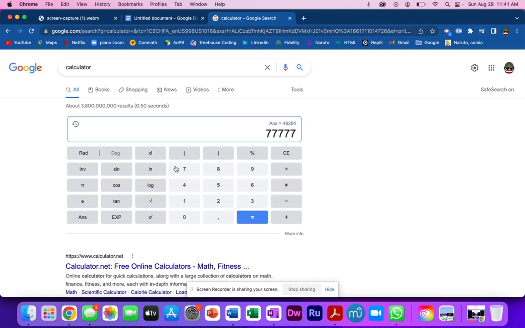Like if you want to do 77777, so 5 sevens, that's going to be a little tricky. I don't want to do multiples of 49. Let's do something easier. So I want to do something for 3: 33333 times 33333. It's going to be 9, that's going to be 18, it's 27, then it's 36, 45, and it's going to be 54, and then it's going to be 45, 36, 27, 18, 9.